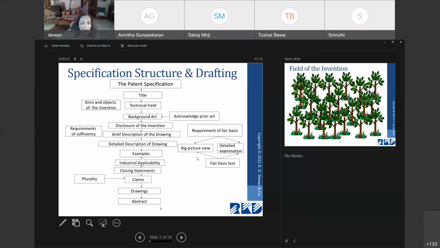Okay, and we'll go into detail of this as we talk more. So this can be very useful for you. You can take a printout and put it on your softboard, or you can leave it on your desktop whenever you are drafting a patent specification. And this is very helpful to make sure that you are not missing out on any important part.